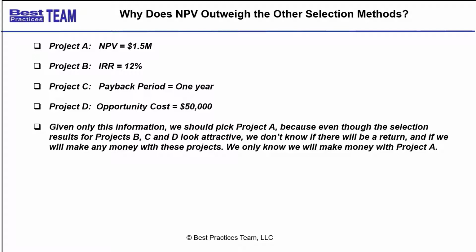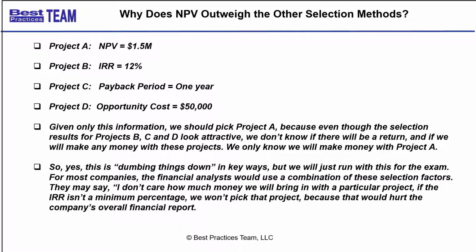This really isn't the real world. In the real world, the financial analysts and senior managers are using a combination of these different techniques for sure. In my company, it really didn't matter at all how much money we're going to bring in.